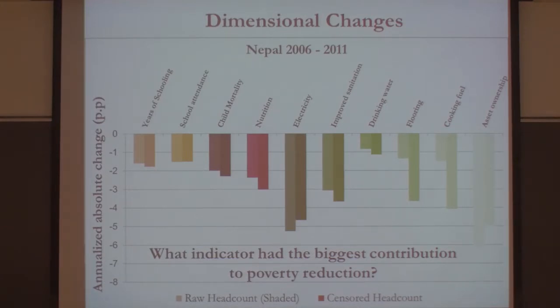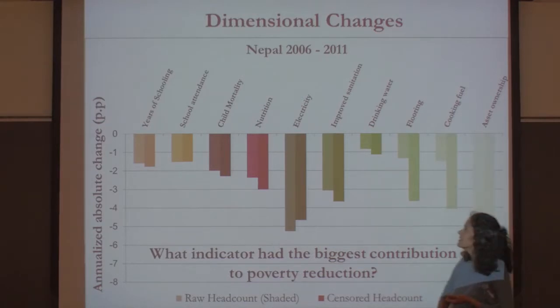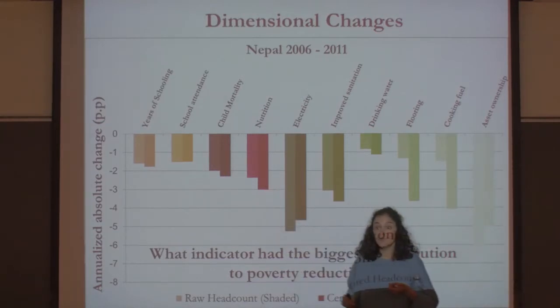Don't we need to know the weights? Exactly. When we talk about contribution, it has to do with the weights. Because first, we're just looking at the headcount, and you see it has gone faster. Electricity has gone, assets have gone pretty fast. But the weight of assets is very different from the weight of nutrition.